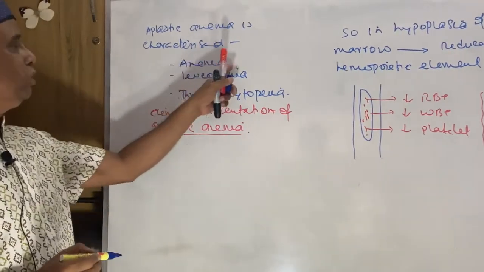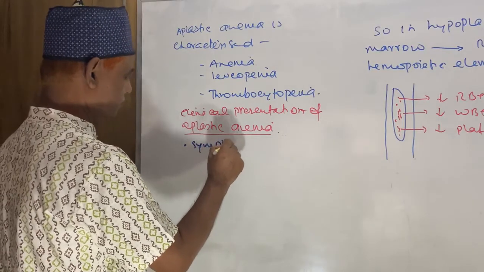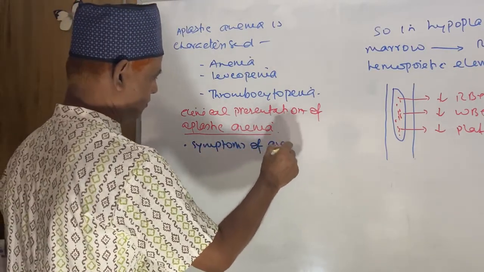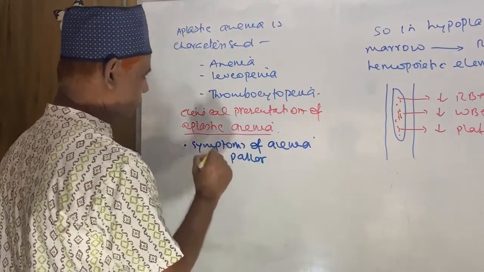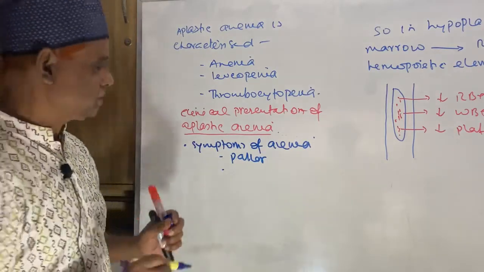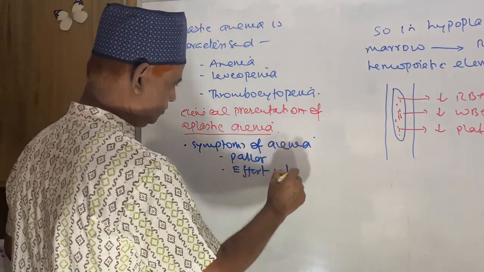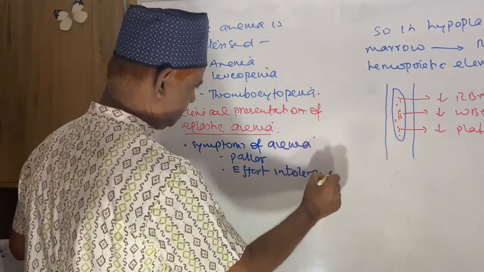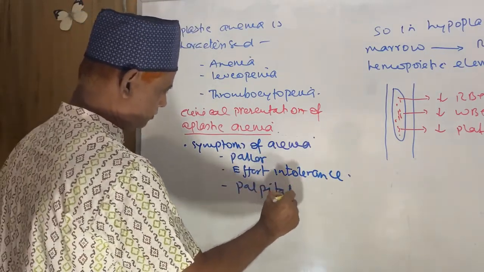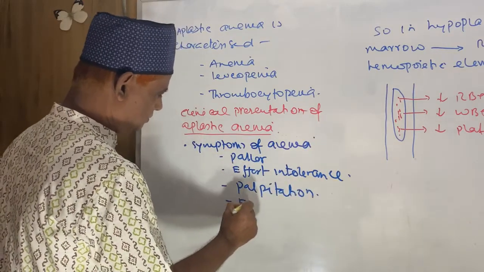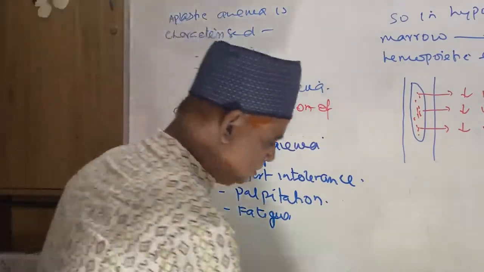Due to anemia, there will be symptoms of anemia, like pallor, effort intolerance, palpitation, fatigue. These are the symptoms of anemia.